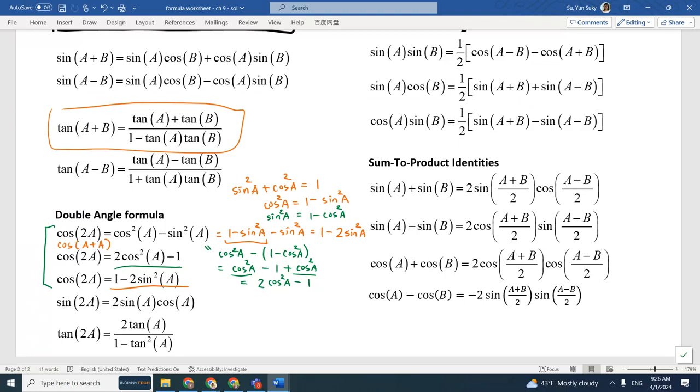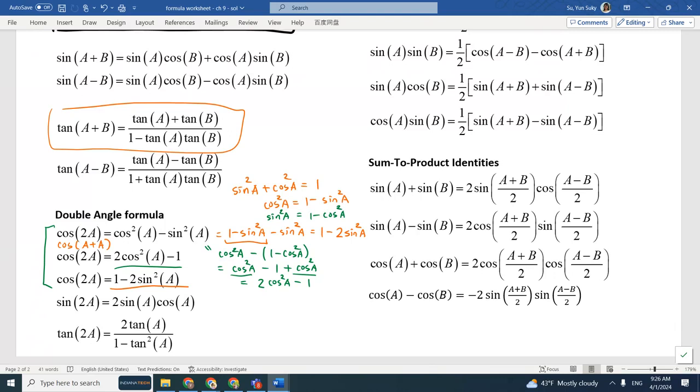Okay, everybody? How about the tangent? Again, 2a is what? A plus a. Therefore, you get tangent a plus tangent a, which is two copies of tangent a. And 1 minus tangent a times tangent a is tangent squared a. Right, everybody?